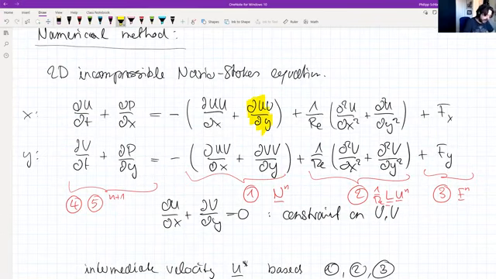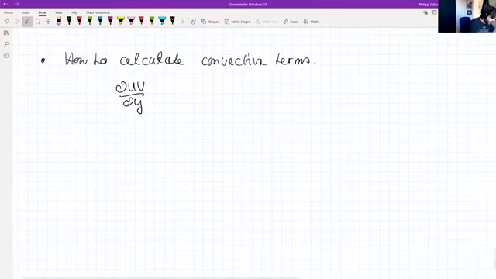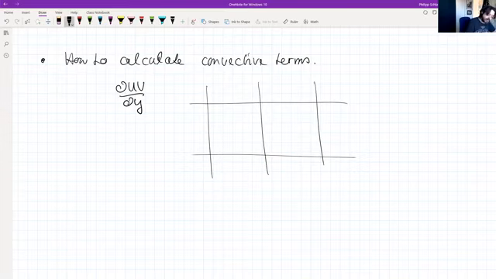So if I sketch it a little bit bigger, if this is my cell mesh again, this is part of the streamwise momentum equation. So I would need to calculate it in this point here, because it's part of streamwise momentum.